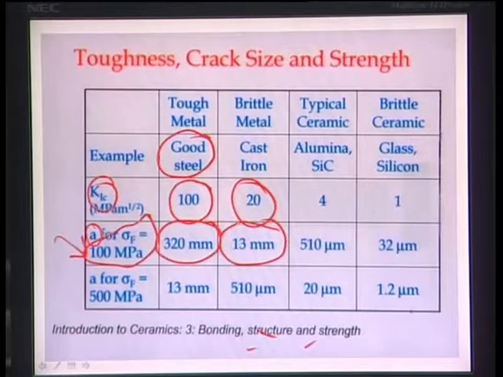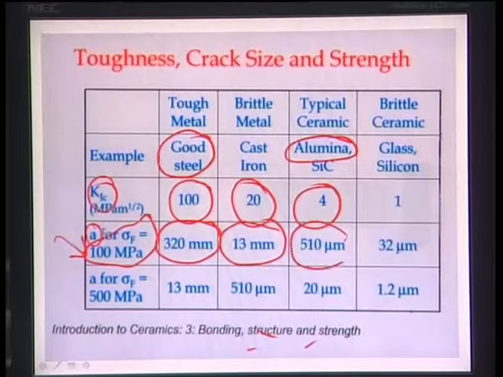Now, a typical ceramic, let's say alumina, which is a bioceramic: if the K1C value is 4 MPa square root meter and sigma F is 100 MPa, then it can only tolerate 510 micrometer. 510 micrometer is much less than a millimeter.